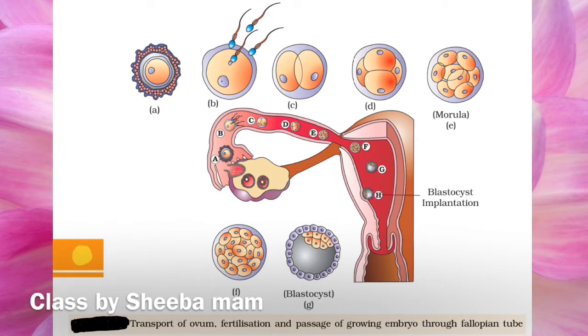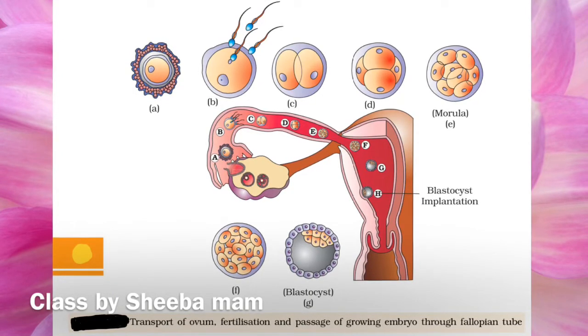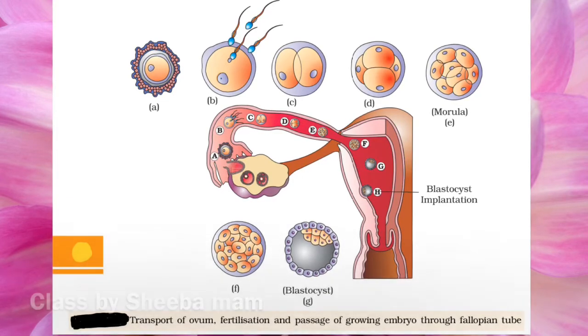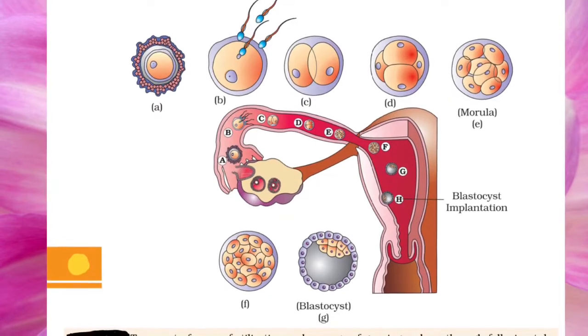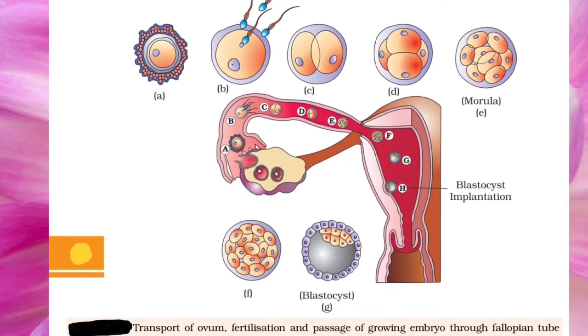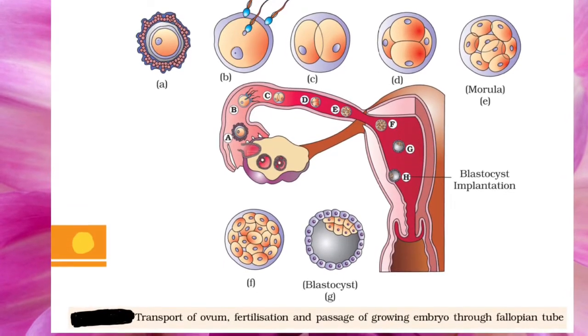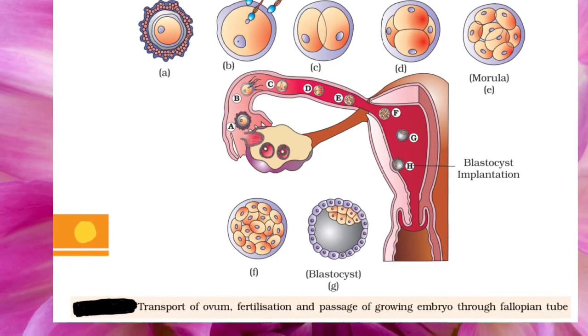At the same time, the inner cell mass of blastomeres gets differentiated as the embryo. After attachment, the uterine cells divide rapidly and cover the blastocyst. As a result, the blastocyst becomes embedded in the endometrium of the uterus. This is called implantation and it leads to pregnancy.